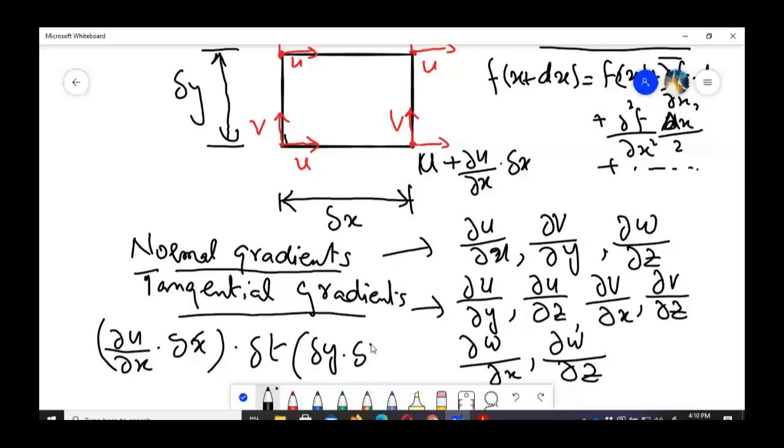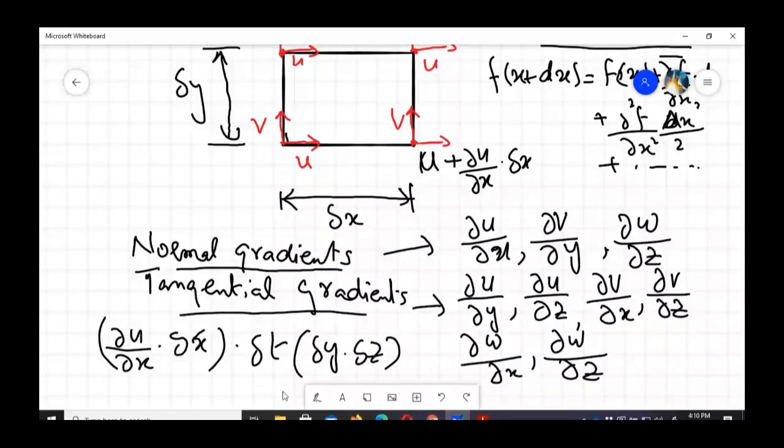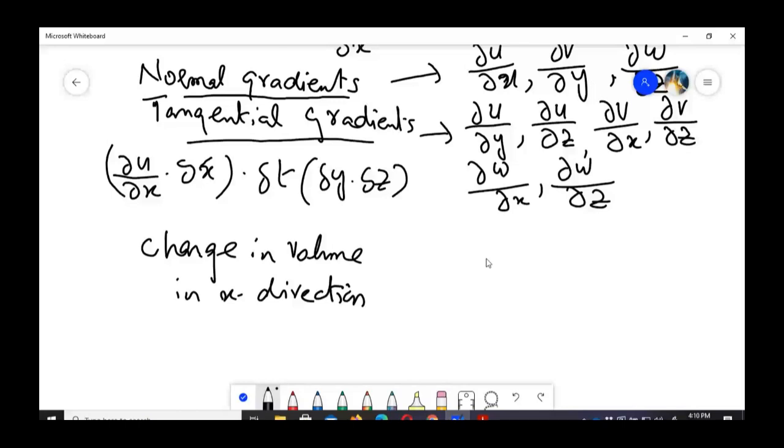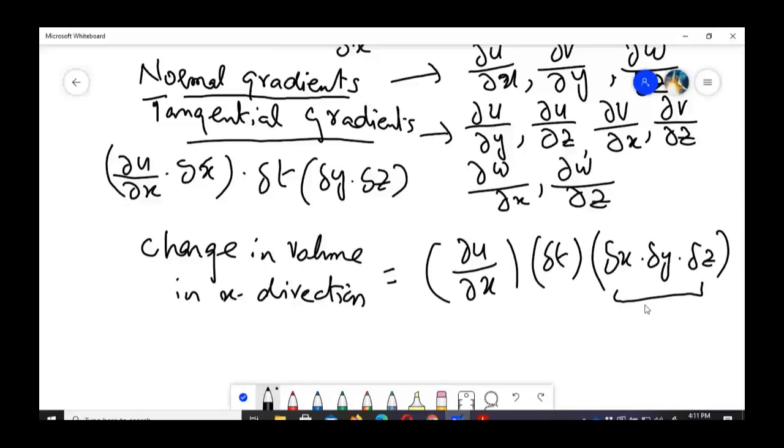Okay, if I write it here now, change in volume in x direction would be equal to partial u by partial x into delta t into delta x, delta y, and delta z. What is this? This is the initial differential control volume of the element. So we have got change in volume in x direction.